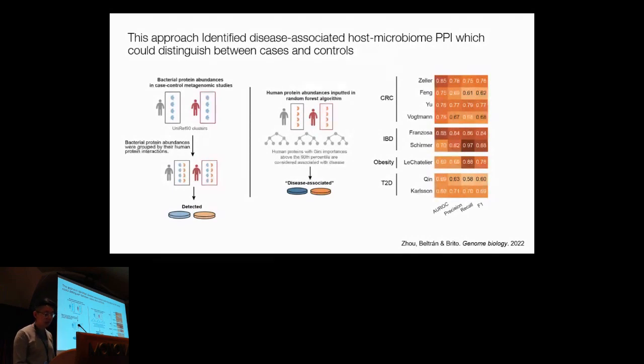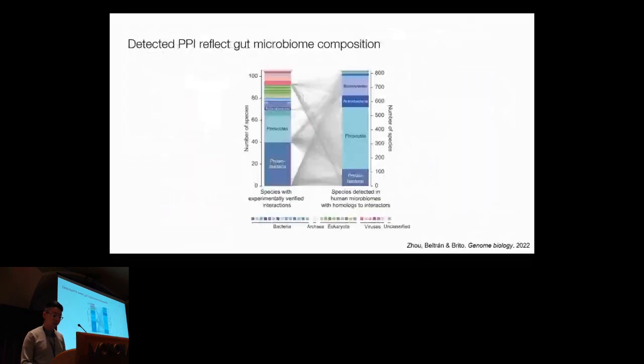To identify host microbiome interactions that are associated with disease, the processed abundance matrix of putative human interactors was then used to train a random forest classifier on the task of separating disease cohort and control healthy patients. This approach helped us to identify putative disease-relevant host microbiome PPIs.